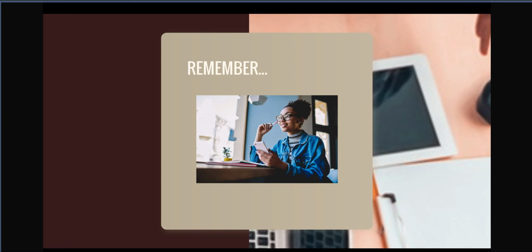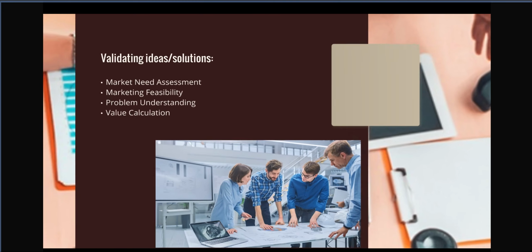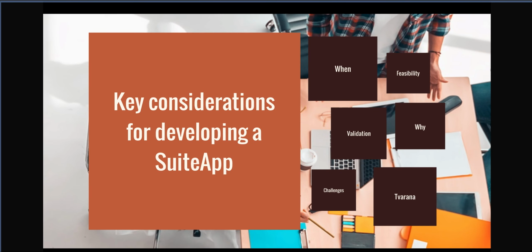Okay. So, why should we build a suite app? Yeah. So now that we've gone through the ideation process and have a potential idea on our hands that we think is a good fit for a suite app, the next step is trying to understand a little more about NetSuite's ecosystem and the suite app marketplace.